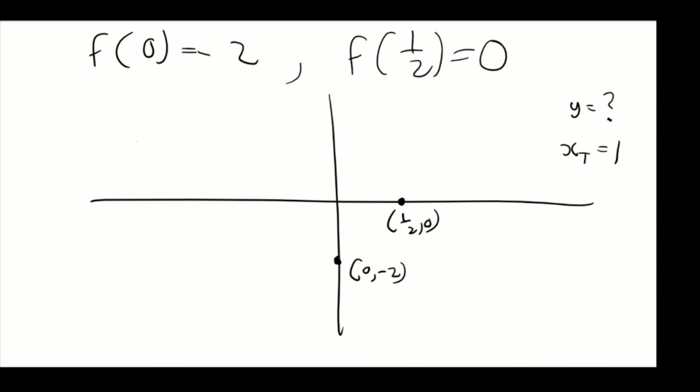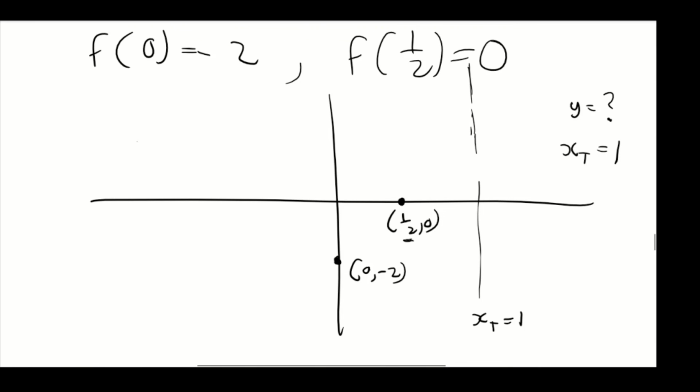If this is a half, then 1 can possibly be here. Let's say, for an example, we assume that the turning point is here, because we don't know the y value of the turning point. We don't have the original equation of f, hence we cannot define it.